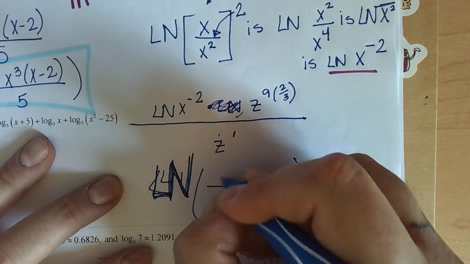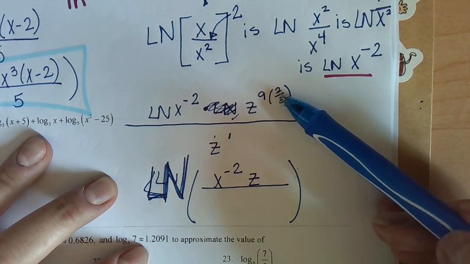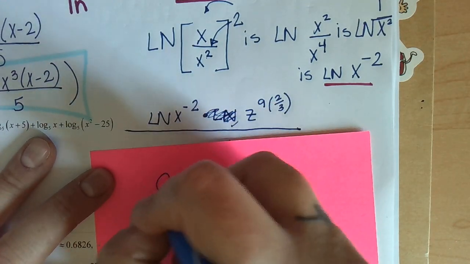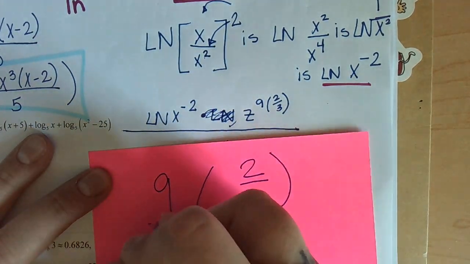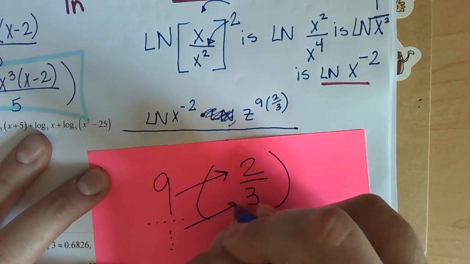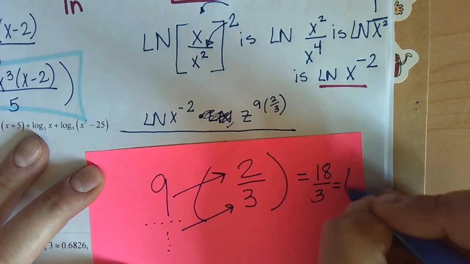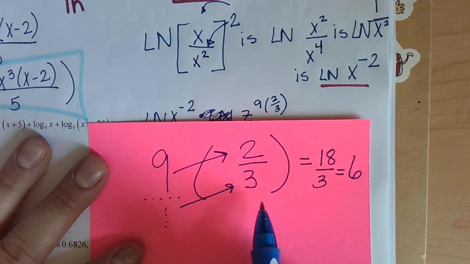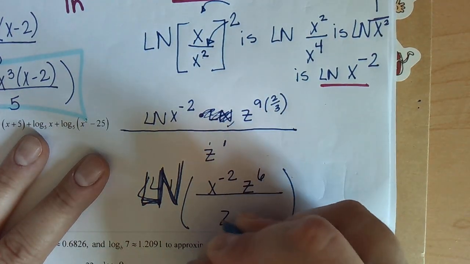Then we have x to the negative 2, z to the, let's multiply 9 times 2/3, and if you forgot how to multiply 9 times 2/3, you put a pretend 1 underneath, and then you multiply left to right, and you get 18 over 3, and then divide to 6. Or you could have done 9 times 2, 18, divided by 3, 6. Either way, that makes z to the 6 over z to the 1.